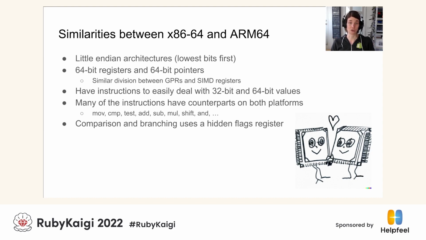Both platforms have instructions to deal with 32-bit and 64-bit values. Many of the instructions have equivalent counterparts on both platforms, such as move, comparison, test, add, subtract, multiply, bit shift instructions, logical AND, etc. Both platforms also do comparison and branching in a similar manner using a hidden flags register.